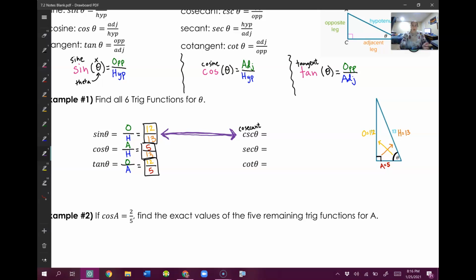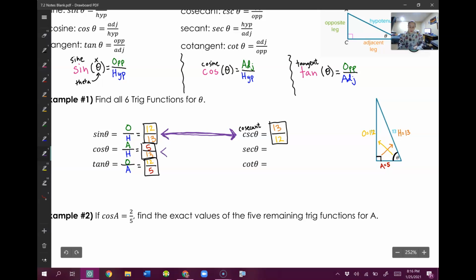Here's what I mean by paired with. If I take that sine value, that 12/13, and I flip it, that's the value of my cosecant, 13/12. That's what I mean by paired. If you take the sine value and flip it, that's the cosecant value.